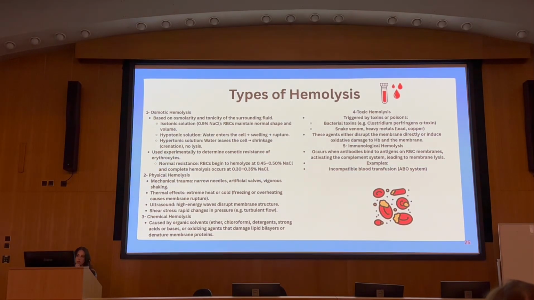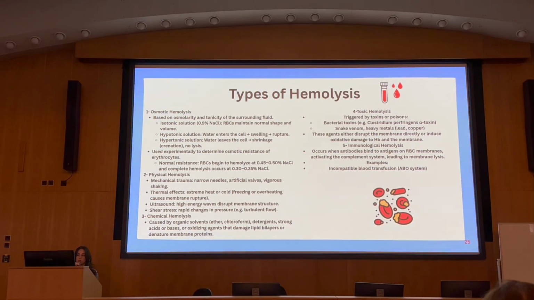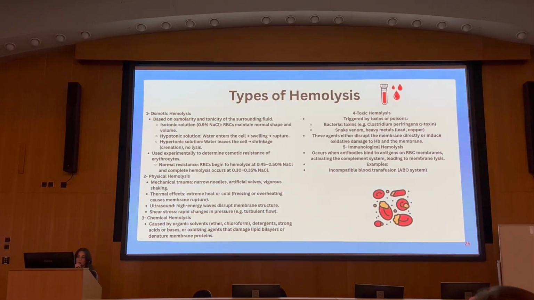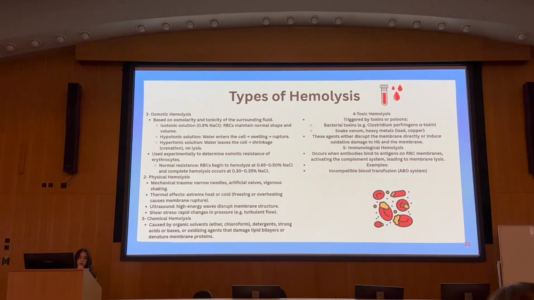And then you have your toxic hemolysis by toxins or poisons like Clostridium, snake venom, heavy metals. They're either going to disrupt the membrane directly or they're going to cause oxidative damage to hemoglobin. And then you have immunological hemolysis, which is, I would also say, important to know.